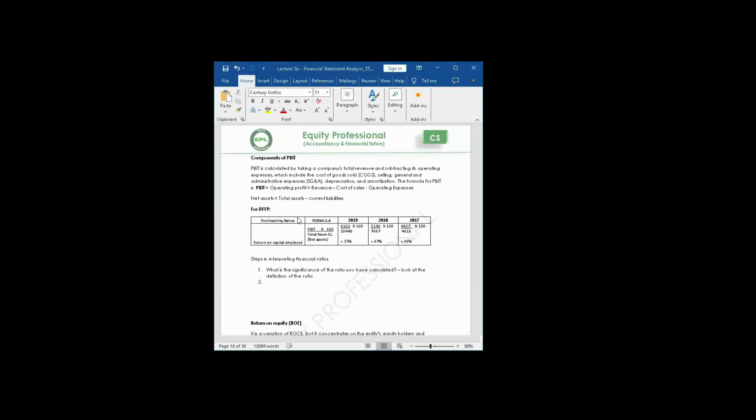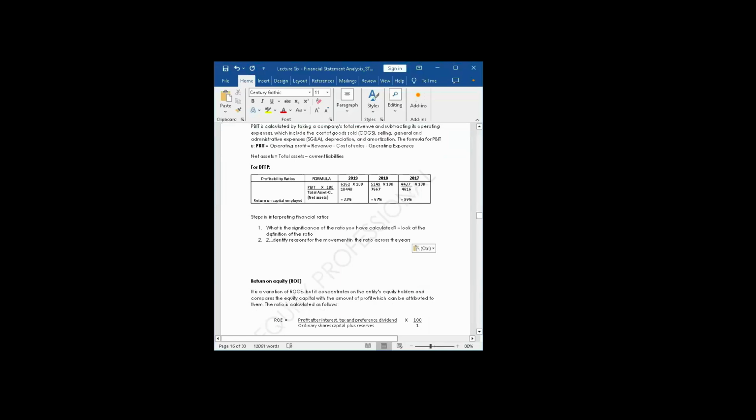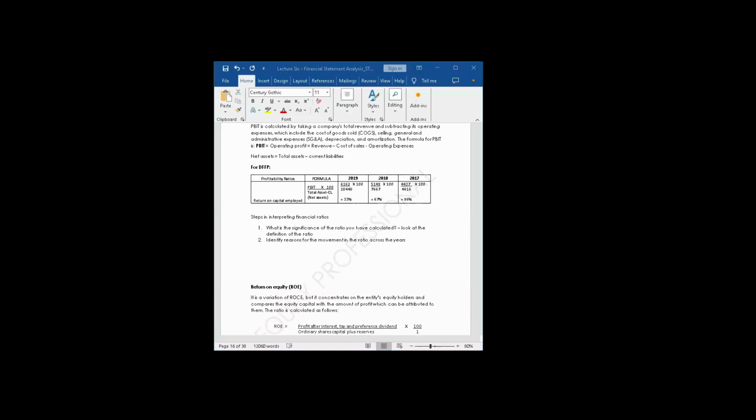Number two, you identify reasons for the changes in the ratio. Why has the ratio changed over the year? Now, when you are looking at that, you should look at it from the angle of the numerator and the denominator of the ratio.